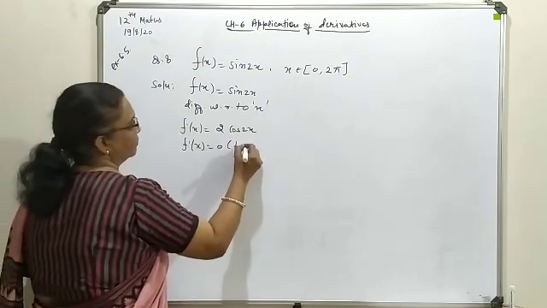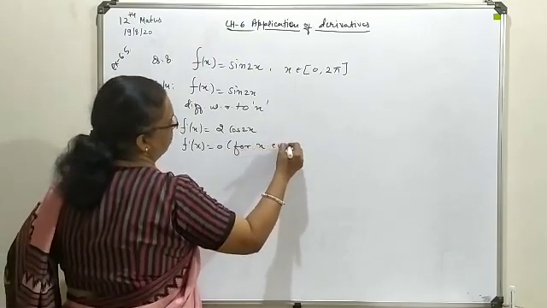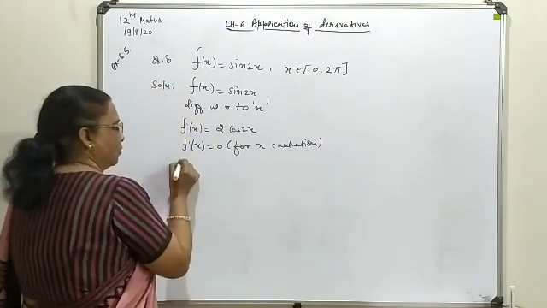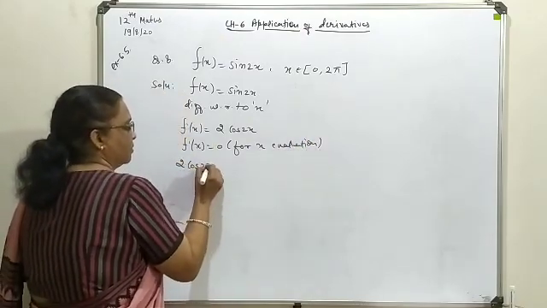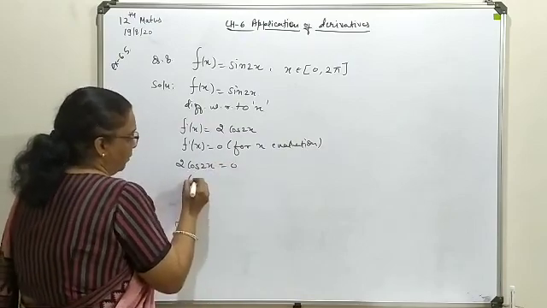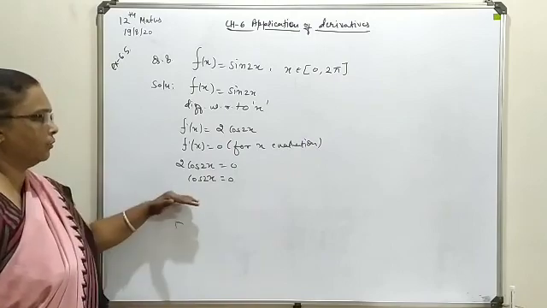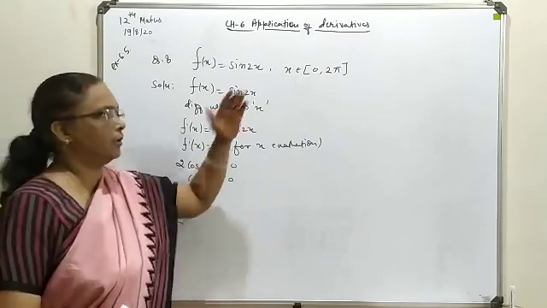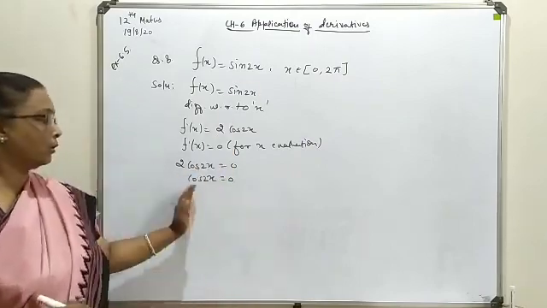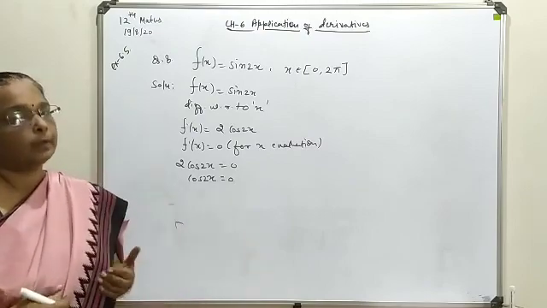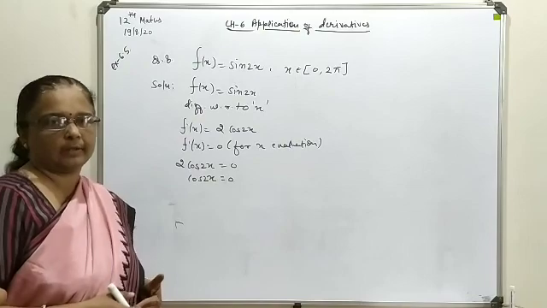This is for x evaluation. So 2 cos 2x = 0, means cos 2x tends to 0. Now we have to write all the possible solutions within the given range for which cos can be 0. Cos being 0 means we have to generate odd multiples of π/2 as the angle.